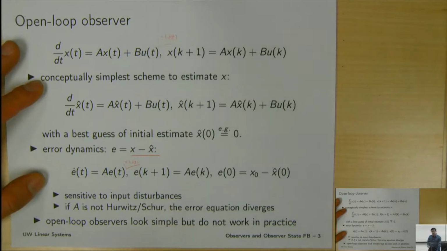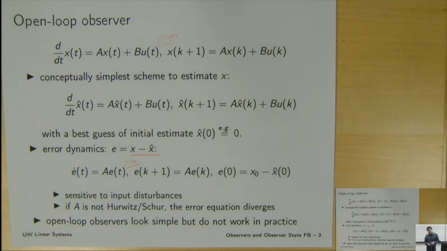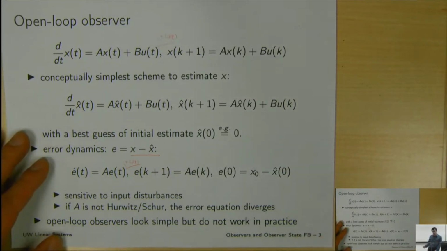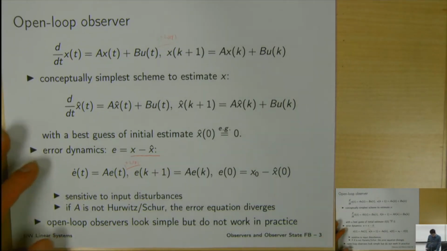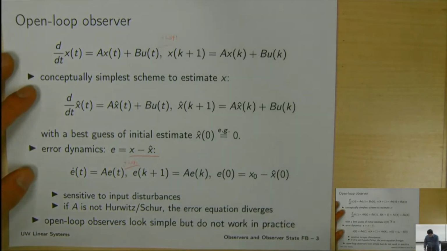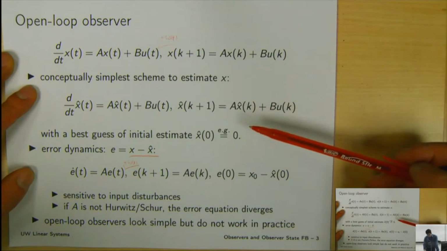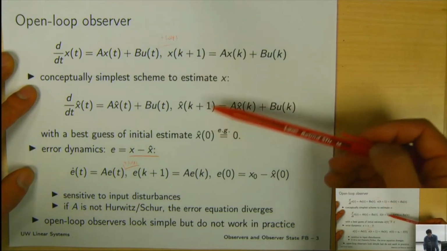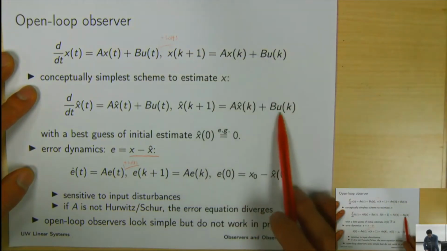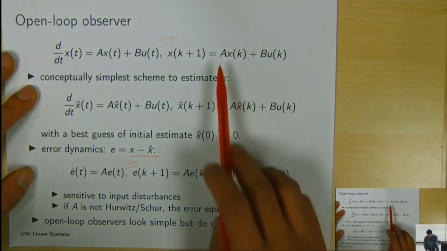Because of these two facts, this open loop observer looks simple, looks innocent, but it actually does not usually work in practice. The same will happen in the discrete time case. You can do the analogous thing, and everything will carry out similarly.